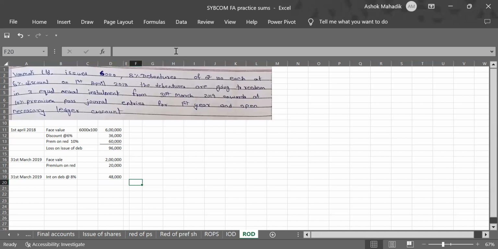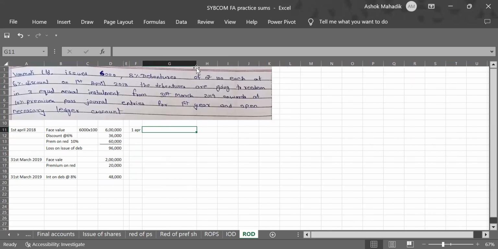So let us start with the entries. I'll go date wise. On 1st April, entry for this is the column size that becomes convenient for us. Okay, at the top I'll write journal.